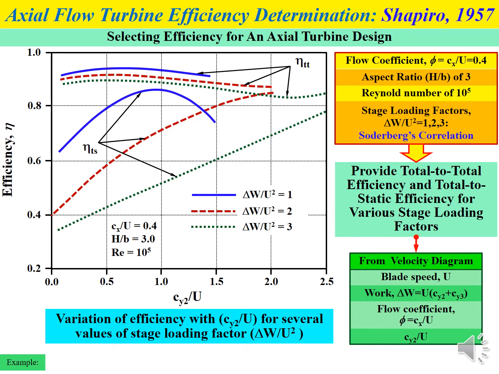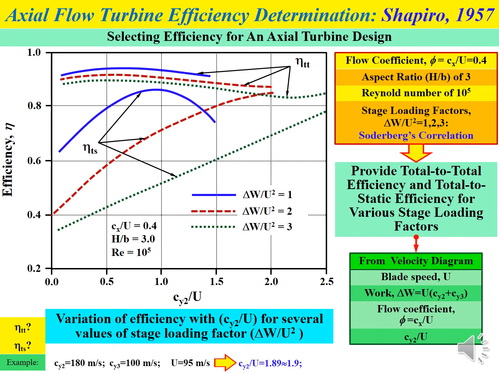For example, if you need to determine the total to total efficiency and also the total to static efficiency, we assume that the data obtained in the example comes from the velocity diagram, where CY2 equals 180 meters per second, CY3 equals 100 meters per second, and U equals 95 meters per second.